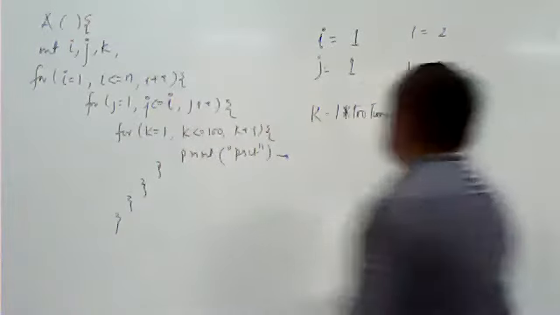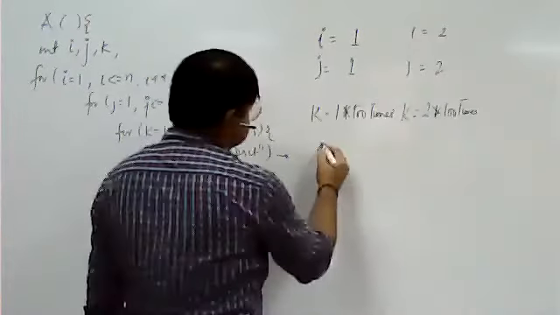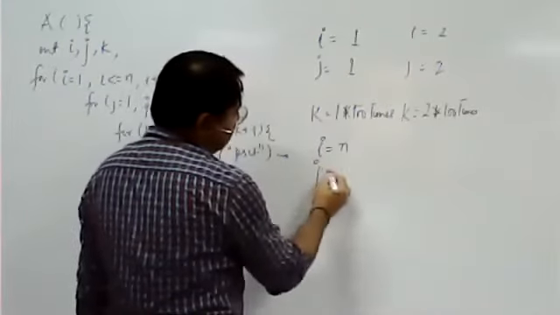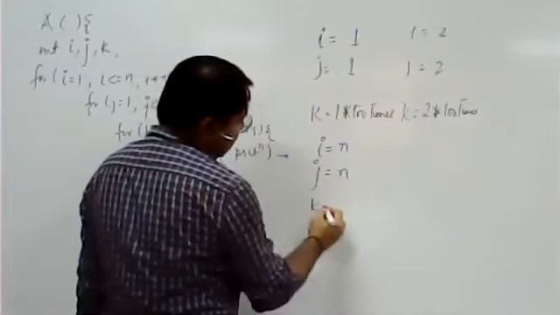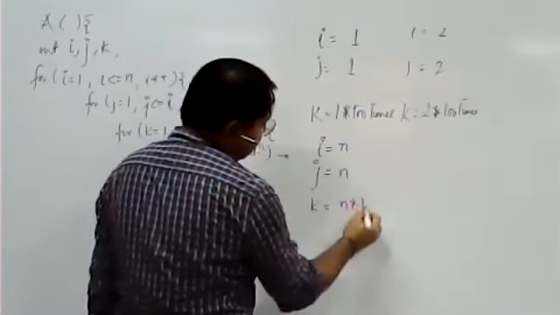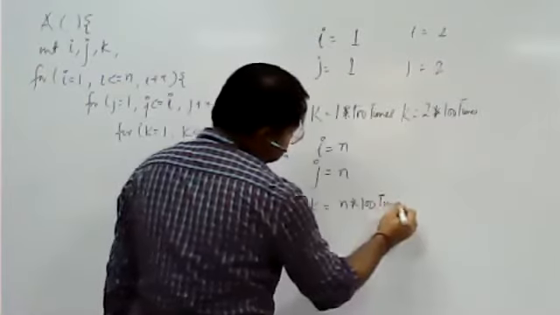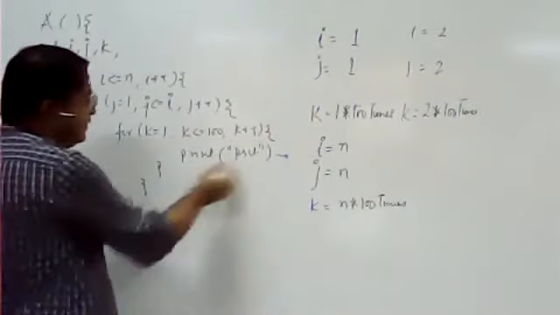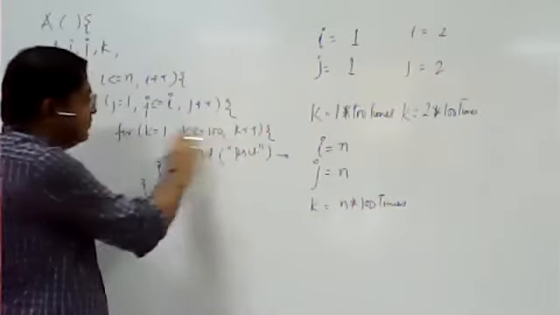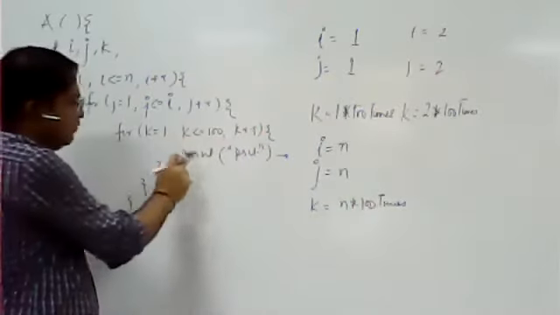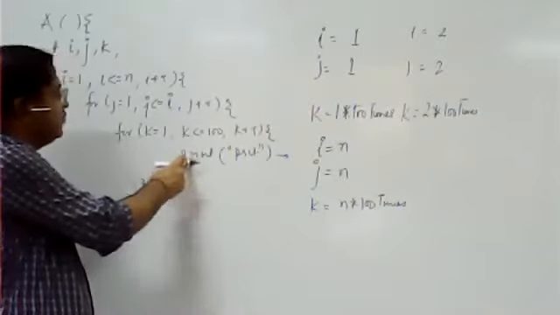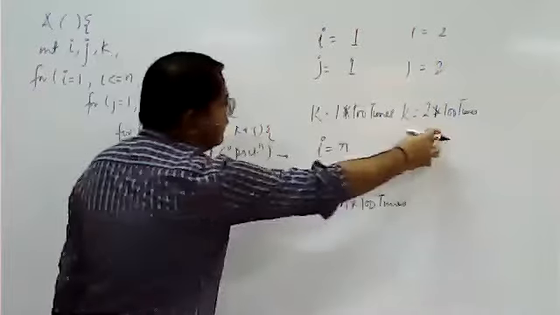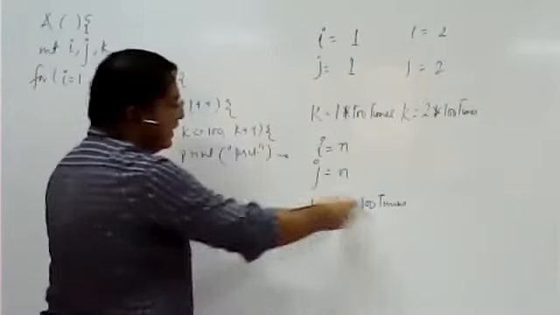Similarly, i will be equal to n, j will be equal to n, k will run n into 100 times. So the total number of times this statement executes depends upon how many times k runs, because it is the inner loop. So we have 1 into 100, 2 into 100, 3 into 100, 4 into 100, n into 100.